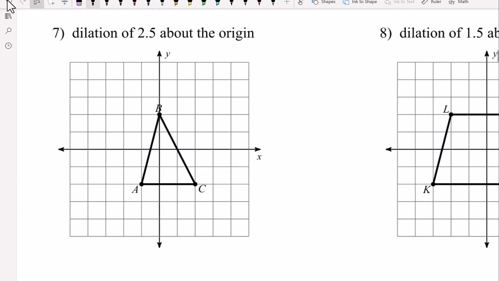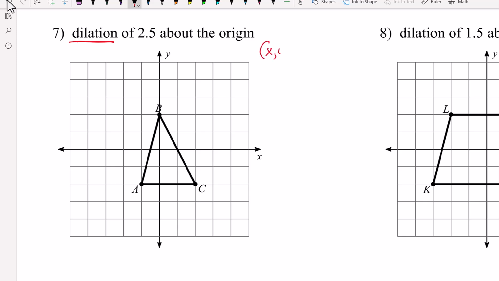Okay, so dilations are when you, like, say in photography, when you either shrink or make a picture larger. Those are called dilations. And so if it says 2.5, that means it's getting bigger by 2.5.